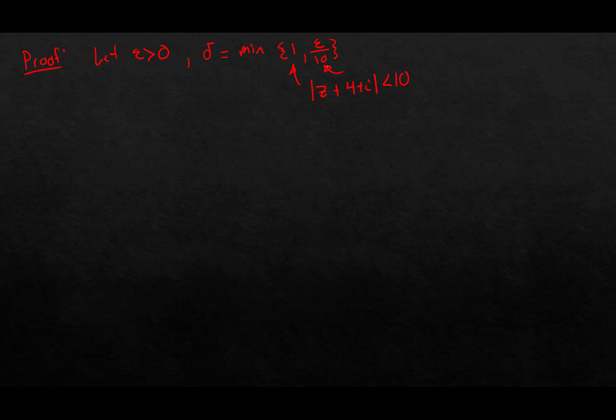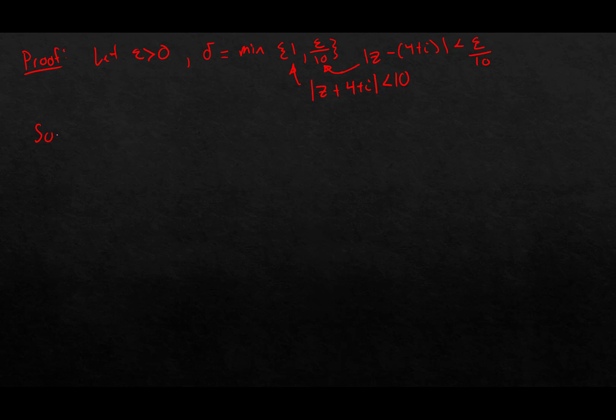And then epsilon over 10 here is allowing us to say that the absolute value of z minus 4 plus I is less than epsilon over 10. Okay, so just keep those in the back of your heads because we're going to use those in a second. So let epsilon be greater than 0, let delta be the min of 1 and epsilon over 10.